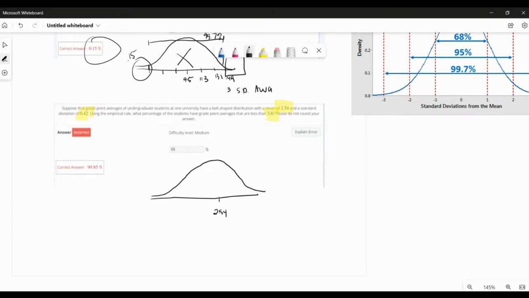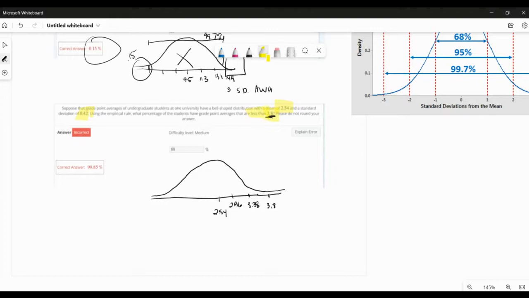So I'm going to add 0.42, the standard deviation, until I get to that 3.8 number that I'm looking for, so I can kind of locate it.